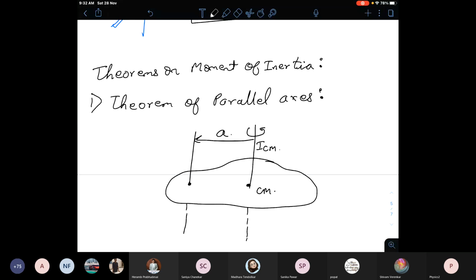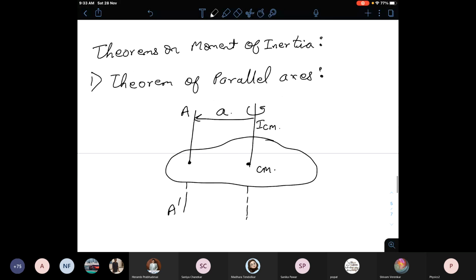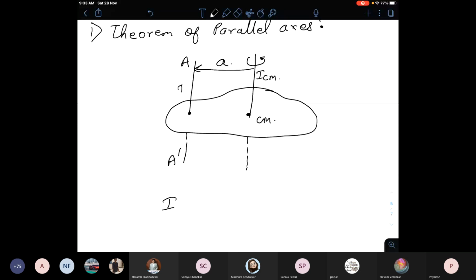Now if we calculate the moment of inertia about this new axis, let it be a dash. This was ICM, the axis about the center of mass, so we don't need to define it. But let the moment of inertia about the new axis be I. So the moment of inertia about the new axis can be written as ICM plus MA square.